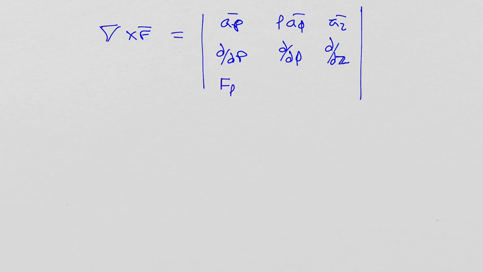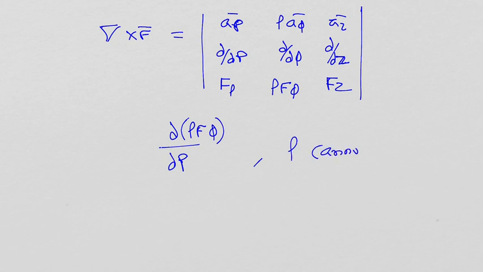So F rho, rho F phi and Fz. Please understand one thing: when you find the derivative dou by dou rho of rho into F phi, this rho cannot be taken outside, because you might think it is a differentiation with respect to rho. But rho F phi is to be treated as the component to be differentiated. I'll explain it.